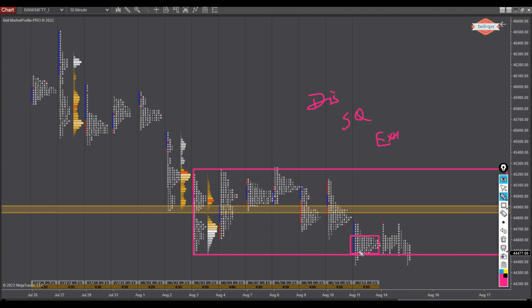Now the importance of exhaustion time frame comes in. Okay, so we have a range. The job of the status quo time frame is to maintain this range, so they should come by here and push the auction back up. The job of the discovery time frame is to break this range, either to the upside or to the downside. All right, but exhaustion time frame, they are just trading shorter term references.